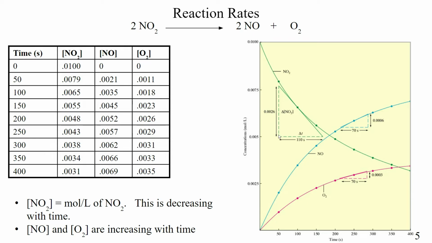I know my change in time, final minus initial, and then I would just do the change in concentration here, as I mentioned before. We can find that reaction rate with all of these examples.